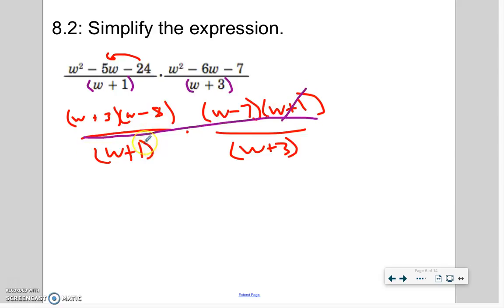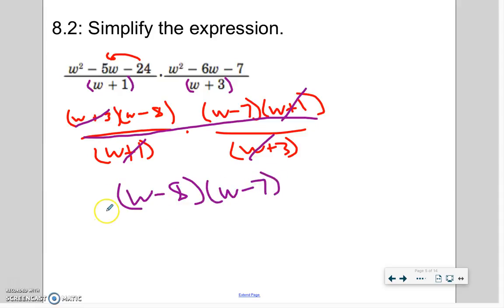So I can cross this out, cross that out. I can cross out the w plus 3's, leaving me w minus 8 all times w minus 7. I'm done. All of that over 1. Everything in the denominator canceled, so my expression would be w minus 8 times w minus 7.